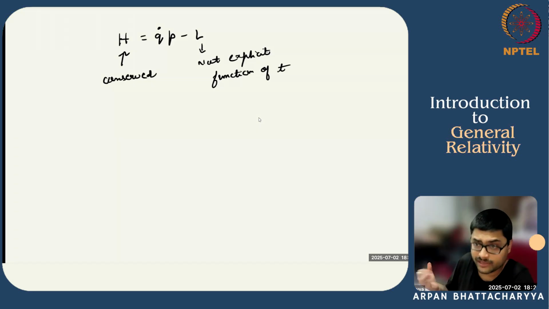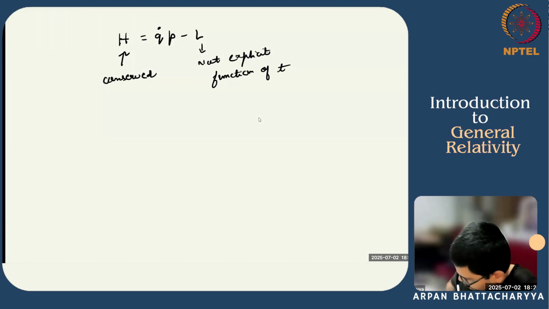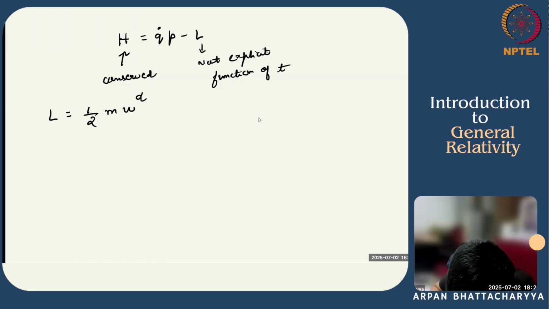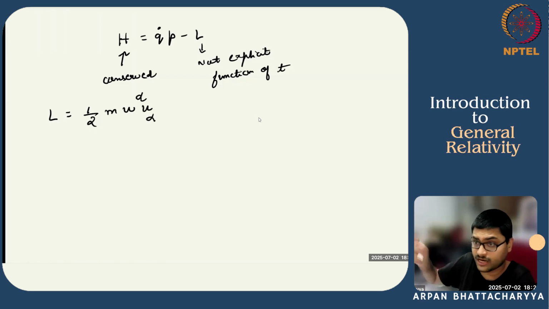So for our case, that is for a point particle coupled with this Pauli field, the Lagrangian that we have derived in the previous lecture is the following. Again, this u is the 4-velocity.